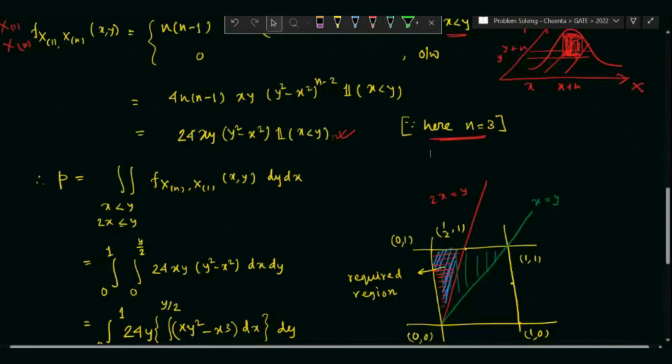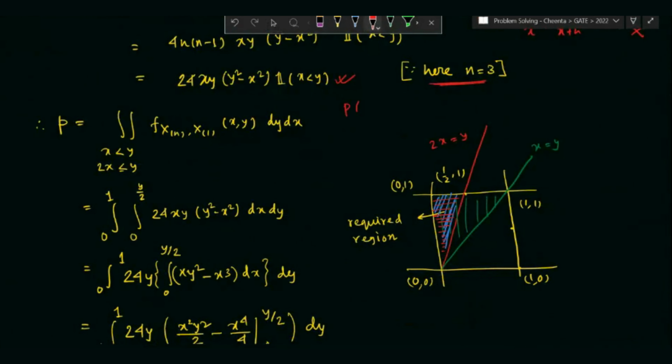So the required probability is the probability that X(n) is greater than or equal to 2 times X(1). The probability can be given by the double integral of the PDF in the given range, that is x less than y and 2x less than or equal to y. So you can draw the graph. The region is lying between 0 and 1.